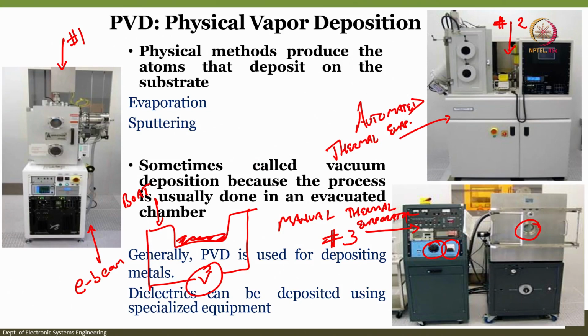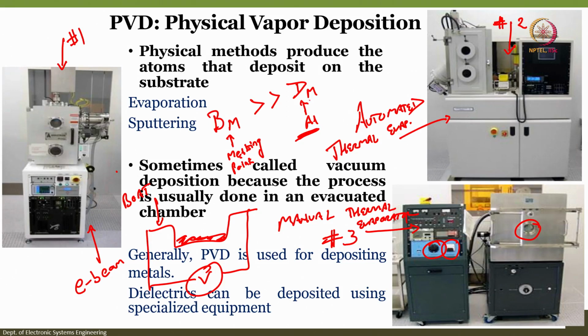So, always understand that the material used for the boat should have a way higher melting point compared to the material that we use for deposition. Here the material we use for deposition was aluminum, so the boat material should have a way higher melting point compared to aluminum. That is a very important point.